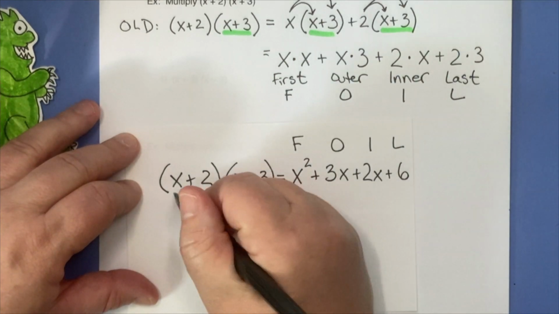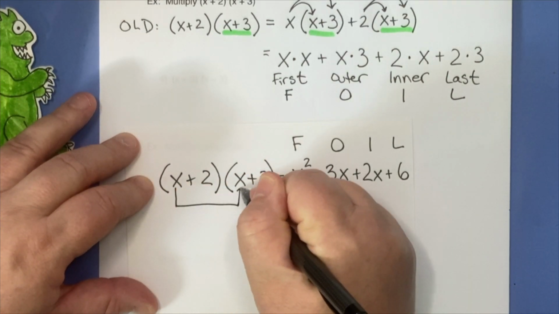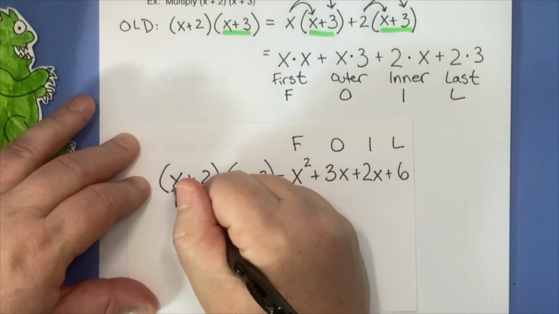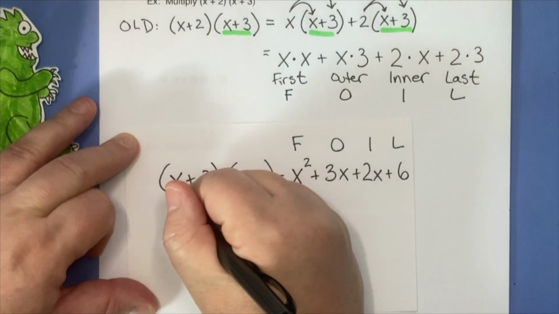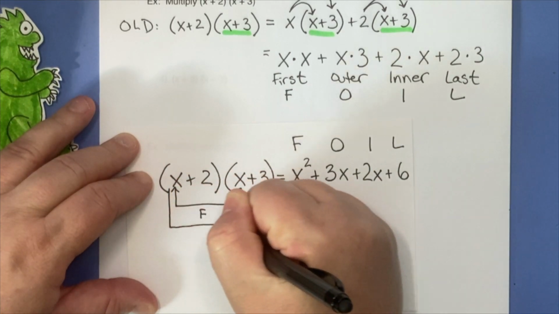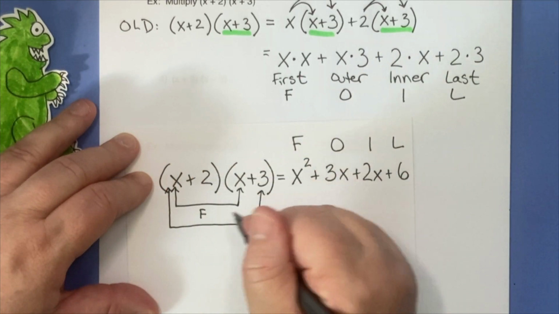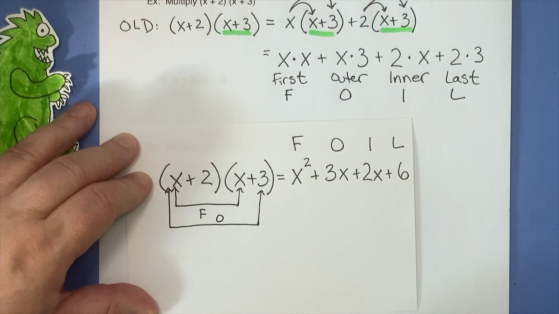So this right here is the F. That's first. The x and the x are the first ones. Then the outer is the x and the 3. This is the O. Okay.